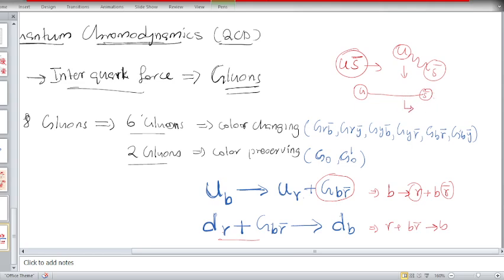After breaking of this bond or this force between them, if you give enough energy, then another quark anti-quark pair will be created in between. So one U D bar, along with this, we might have some D S bar. I'm just writing it. This may not be the real reaction, but I'm just giving you some hint.